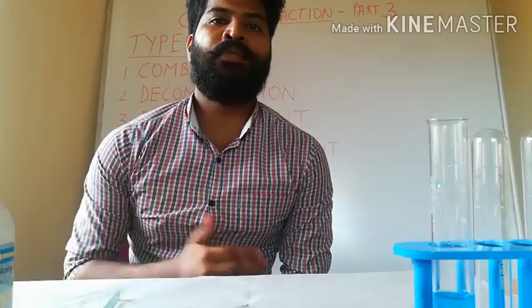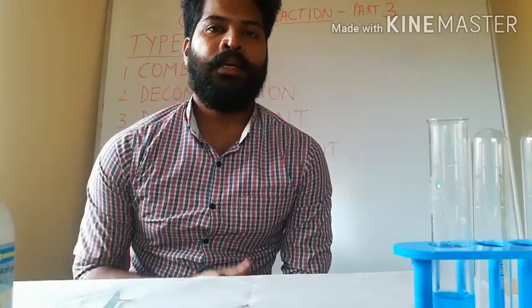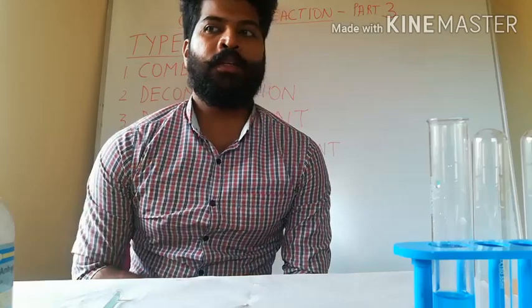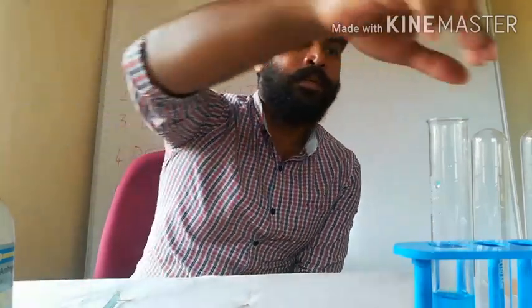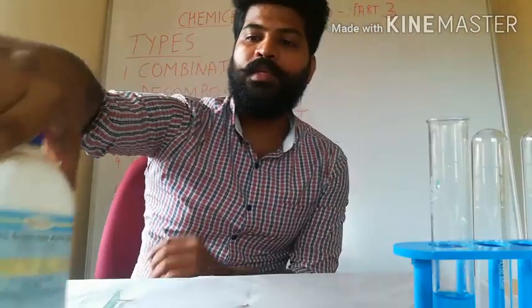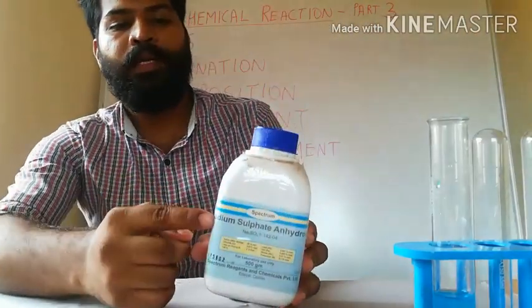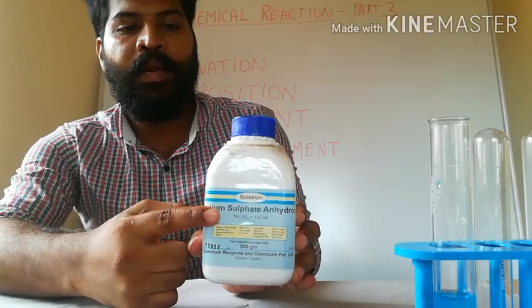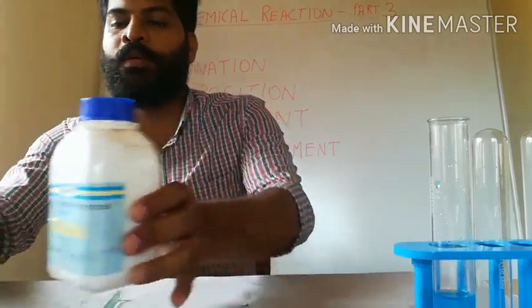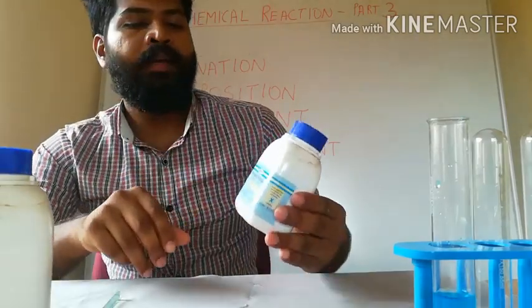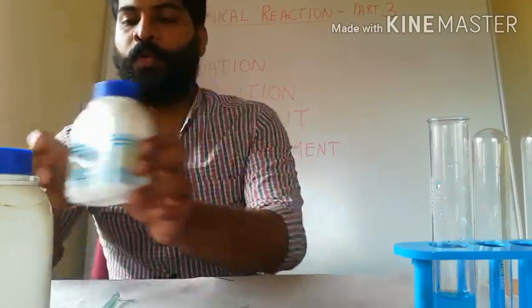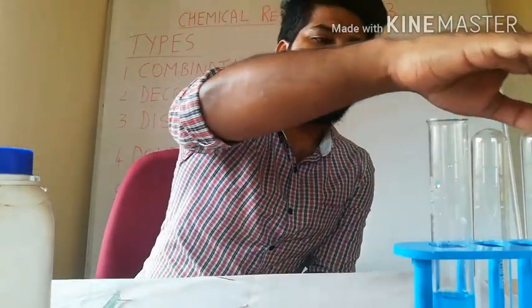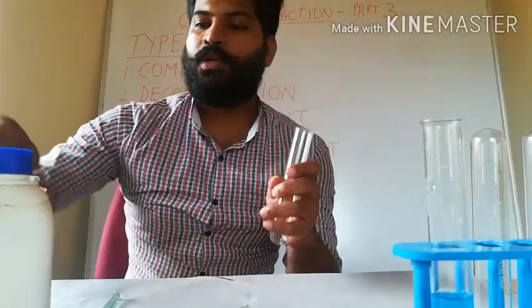For the next type of chemical reaction, that is double displacement reaction, we will be using these two compounds. One is sodium sulfate Na2SO4 and barium chloride BaCl2. Once again, we have to make their aqueous solutions.